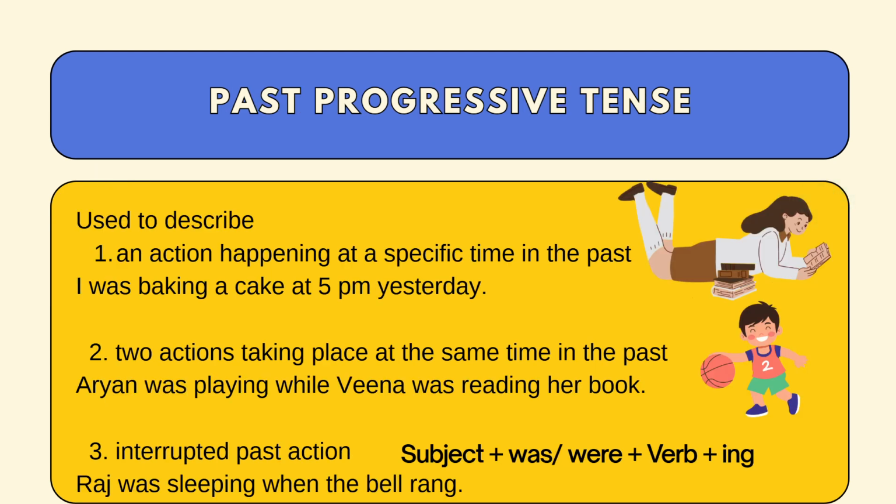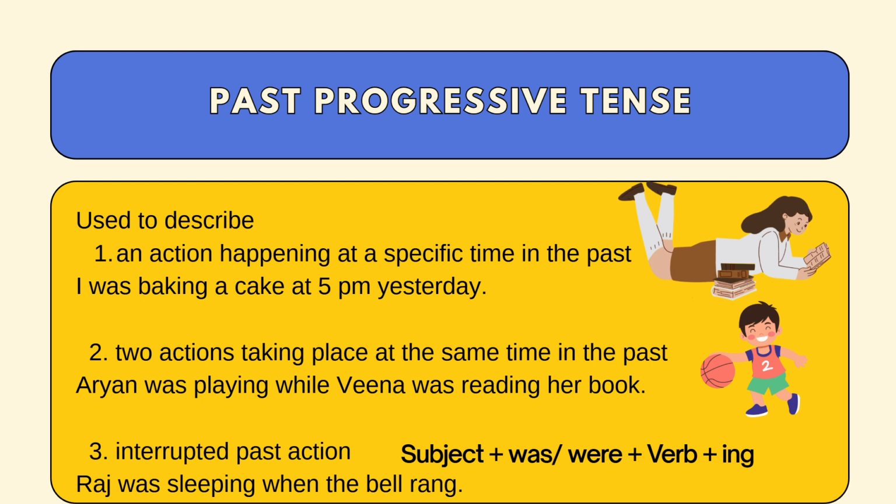What is past progressive tense? We use this form of tense in three places. First, it is used to describe an action happening at a specific time in the past. At a specific time. We are not talking about generally in the past, some random time in the past. No, we are talking about an action that was happening at a specific time in the past.